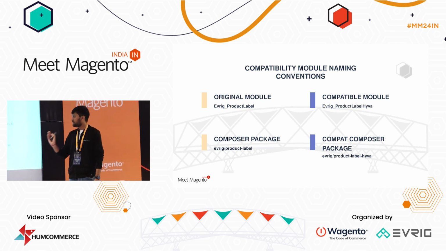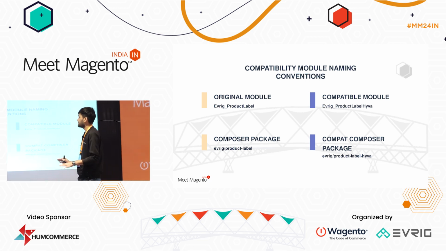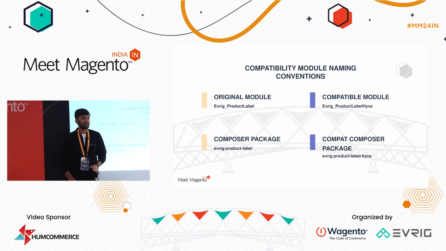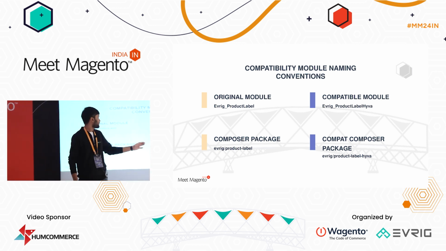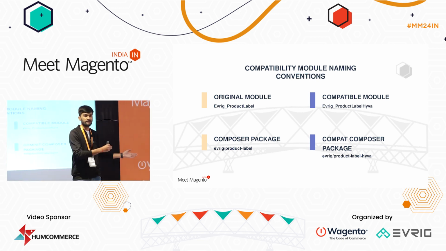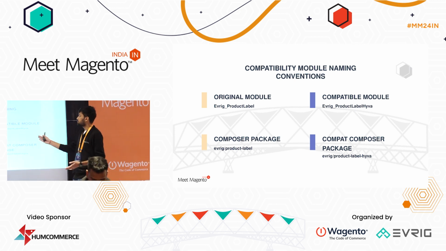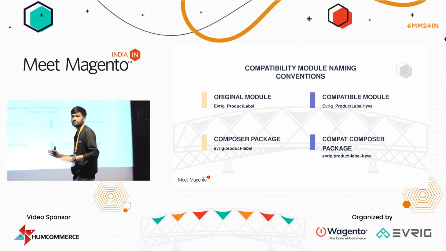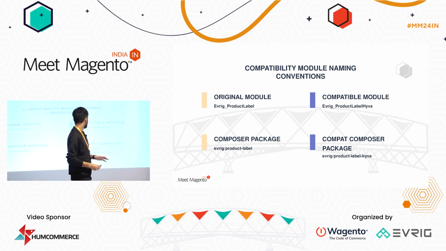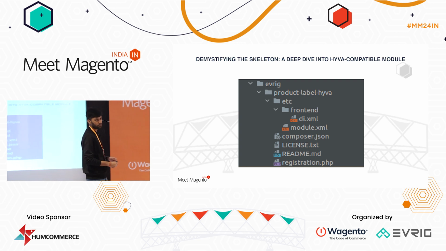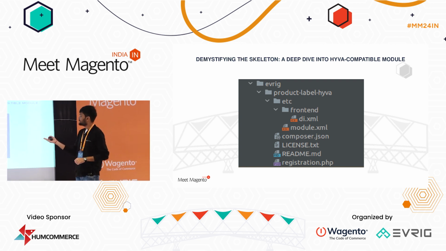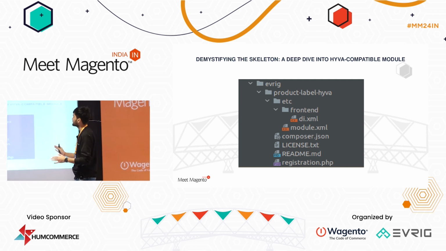So the standard is that if our original module is Evrig ProductLabel, then our compatible module should be named Evrig ProductLabel Hyva. We just need to add a Hyva suffix to our module name.